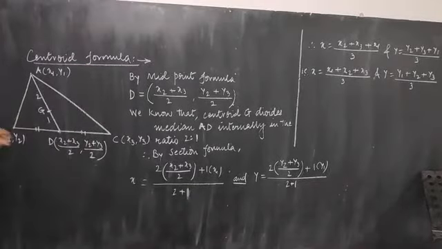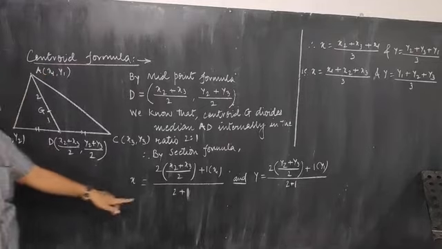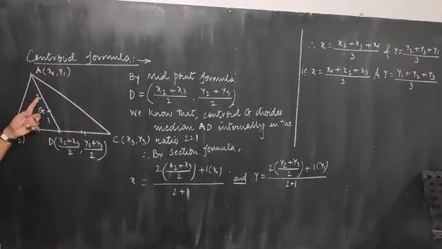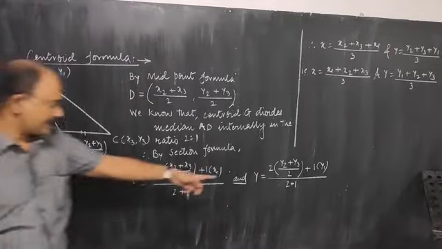Alright, m into the x coordinate of this point, n into the x coordinate of this point, upon m plus n, that is the x coordinate. Similarly, you get the y coordinate, 2 into the y coordinate plus 1 into the y coordinate upon 2 plus 1. So we have written.